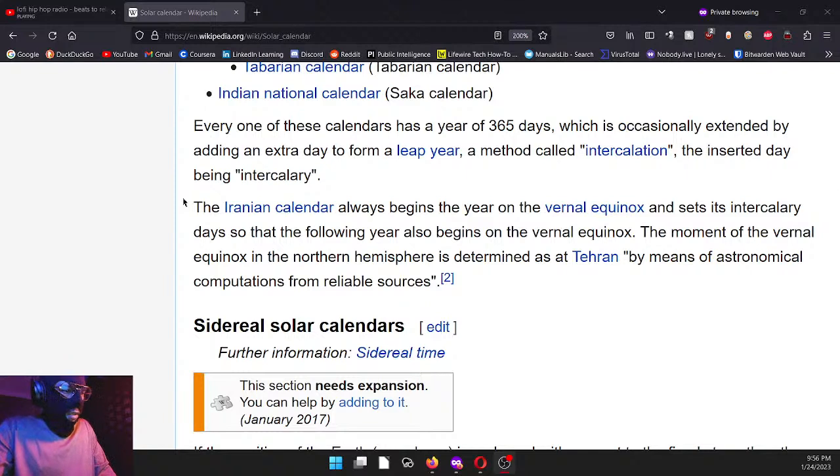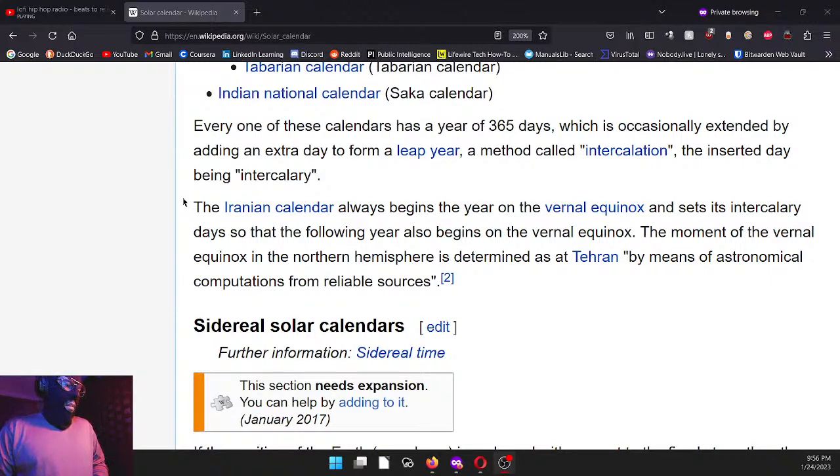Every one of these calendars has a year of 365 days, which is occasionally extended by adding an extra day to form a leap year. The method is called intercalation, where they insert an intercalary day.